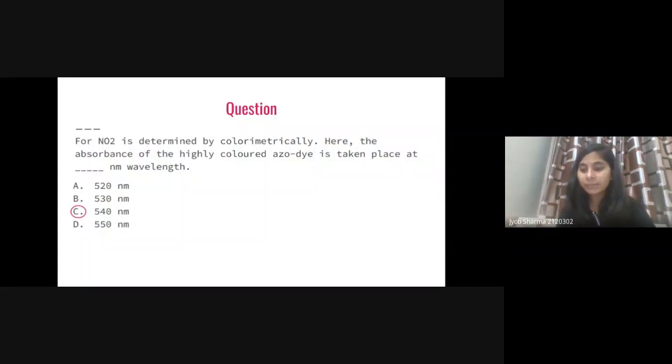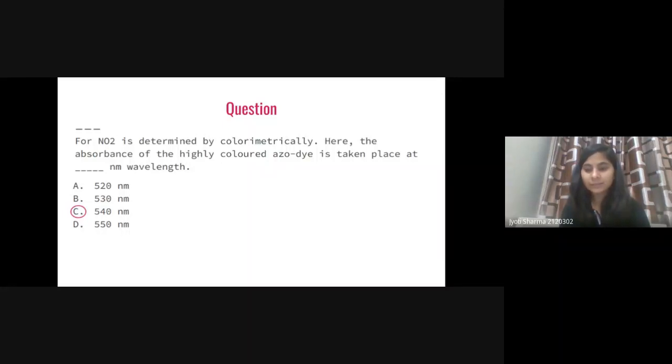So can you tell me the law relating absorbance and the intensity of color? The intensity of color is directly proportional to the absorbance. The more color we have, the more absorbance we will have. We talked about such a law in physics in 11th or 12th class.